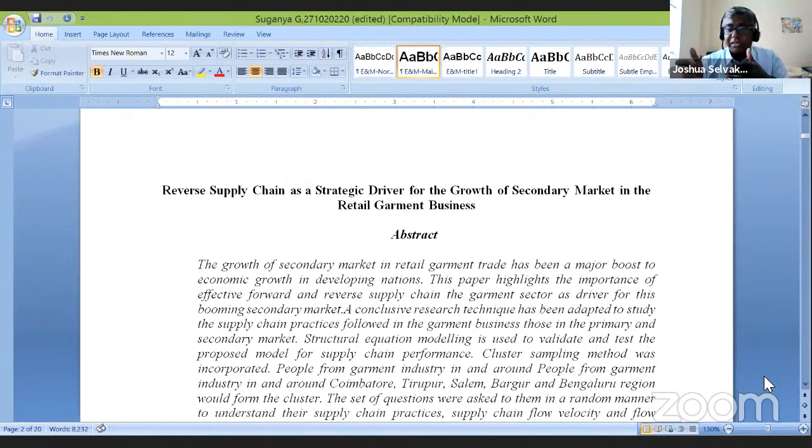But in the secondary supply chain markets, all the products which have minute defects, see, normally when goods are packed and weighed, 10 kgs or 15 kgs, if there is a small difference in the weight, the entire lot will be rejected.